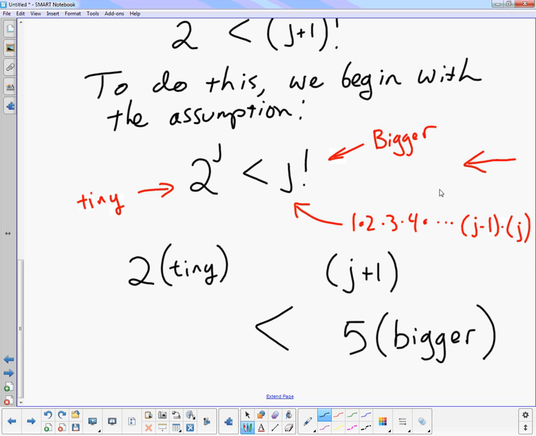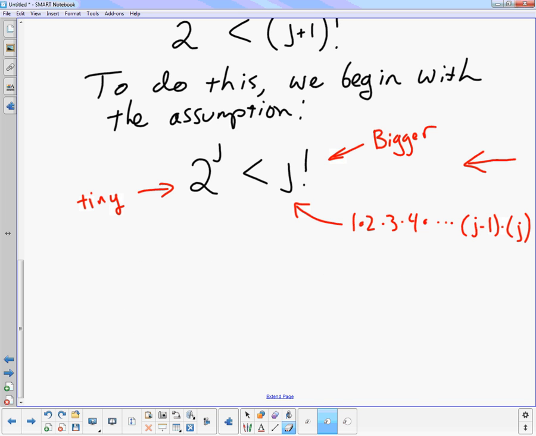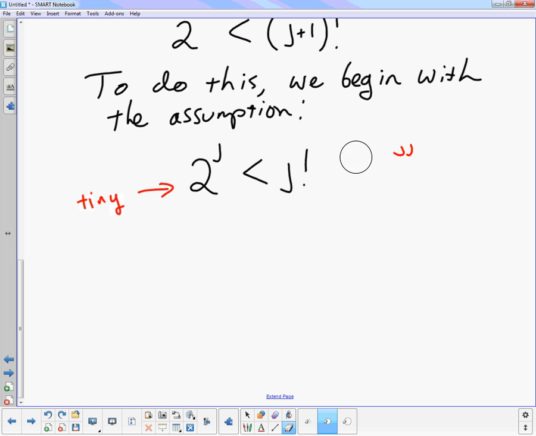Is this still true? 2 times a tiny thing is still smaller than 5 times a bigger thing, right? So the original statement still holds. It's an inequality. As long as I maintain the inequality, I'm good. But you see, I have to manipulate both pieces, right?